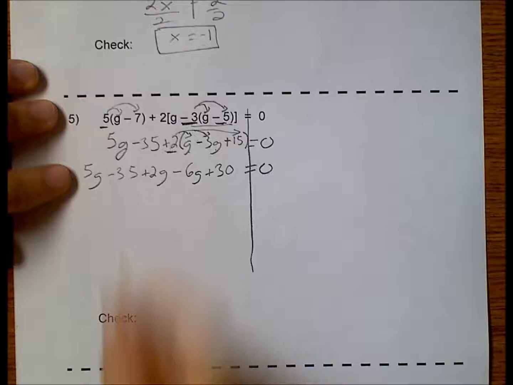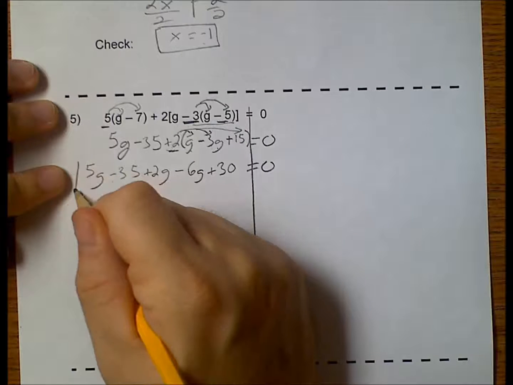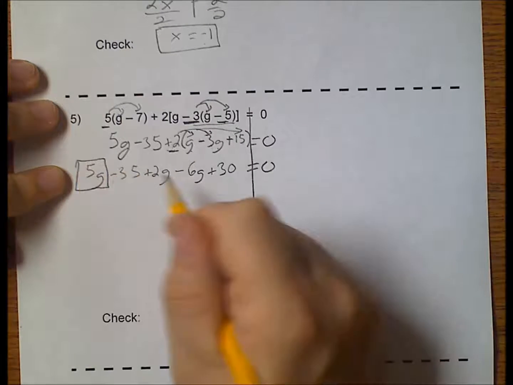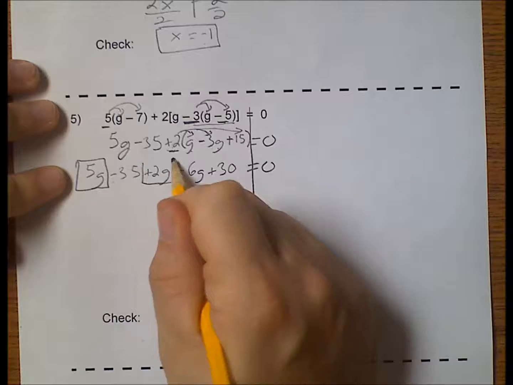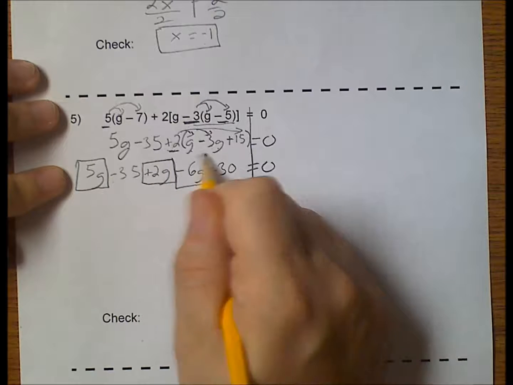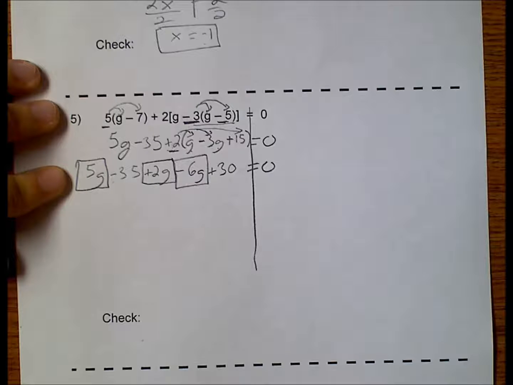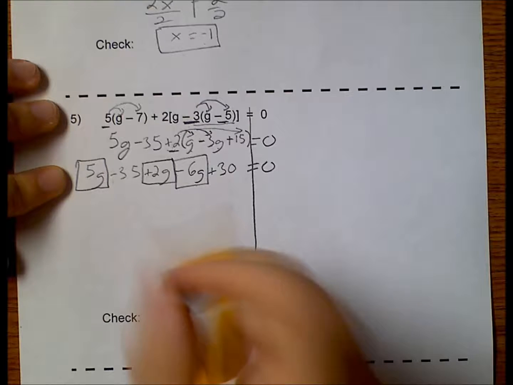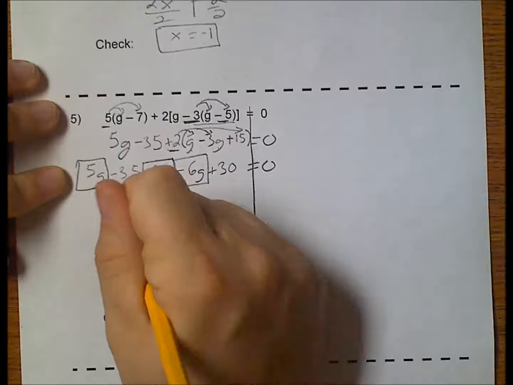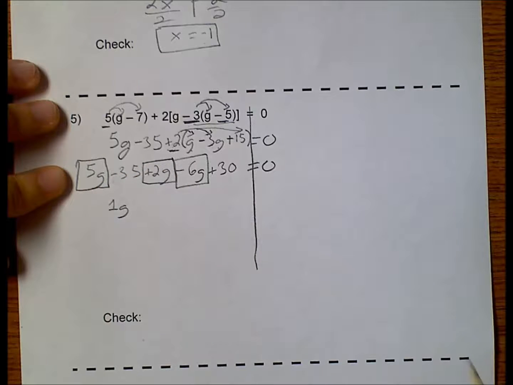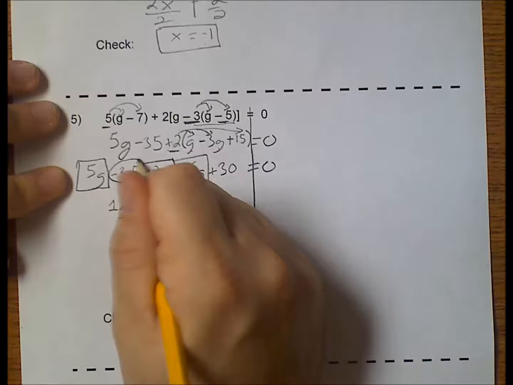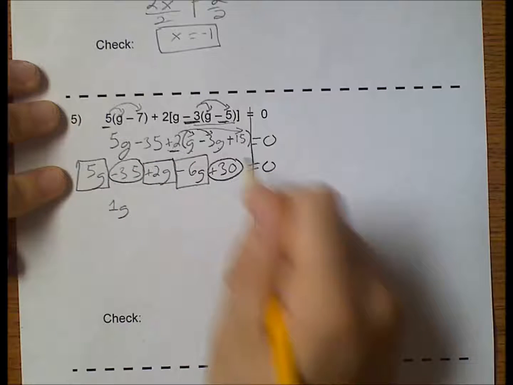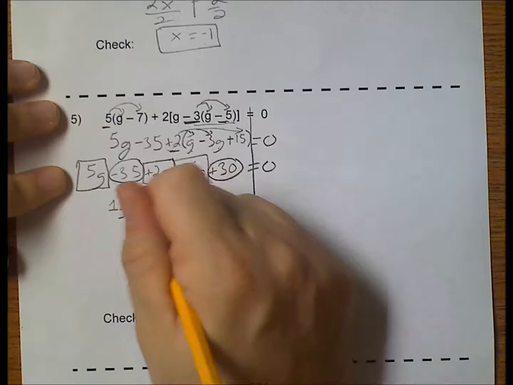Now let's combine like terms. Do my variables first. So I've got 5g plus 2g minus 6g. Well, 5 plus 2 minus 6 gives me 1g. And now I have a negative 35 plus 30 gives me a negative 5.